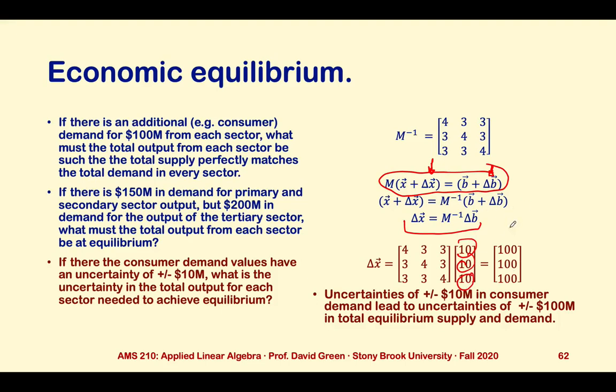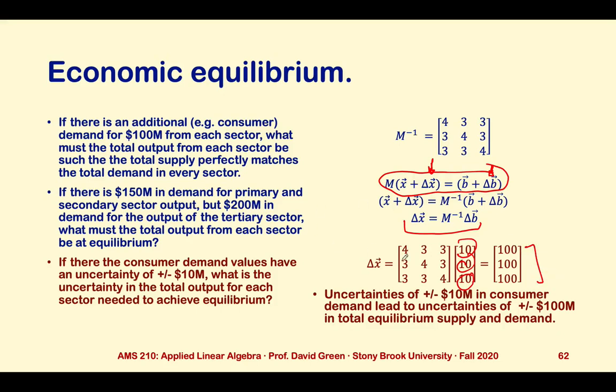When we have tens in here, we get hundreds. 40 plus 30 plus 30 is 100. 30 plus 40 plus 30 is 100, and so on. Uncertainties of plus or minus 10 in consumer demand lead to uncertainties of plus or minus 100 million in total supply and demand. This has grouped all of them together.